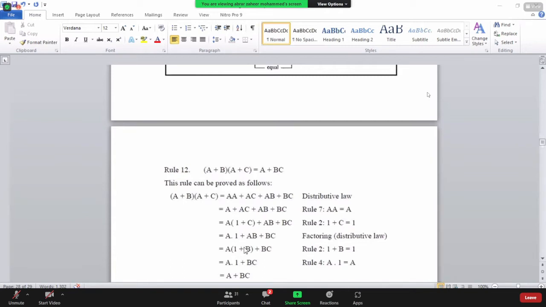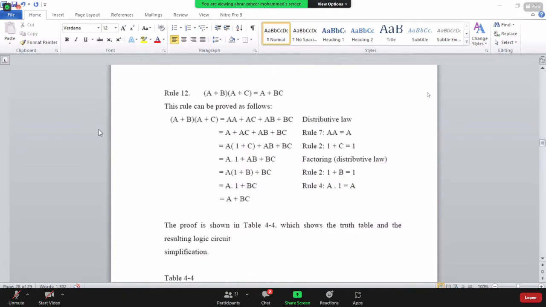So A dot 1 plus AB plus BC. Again A is taken common, 1 plus B. By rule number 2, 1 plus B is equal to 1. So it is A dot 1 plus BC. And by rule number 4, A dot 1 is equal to A. So that is equal to A plus BC.